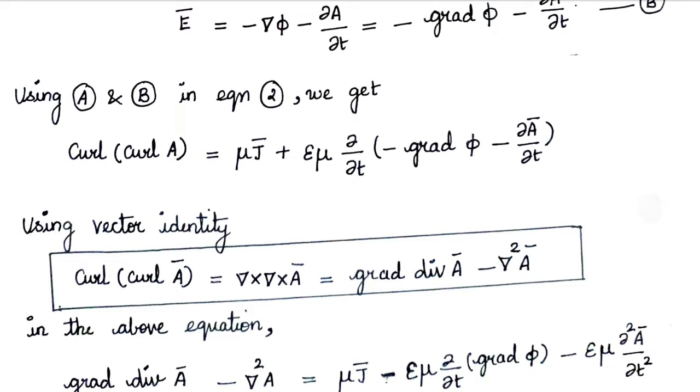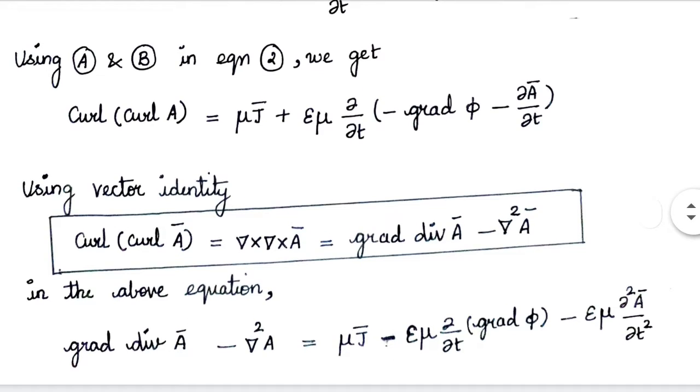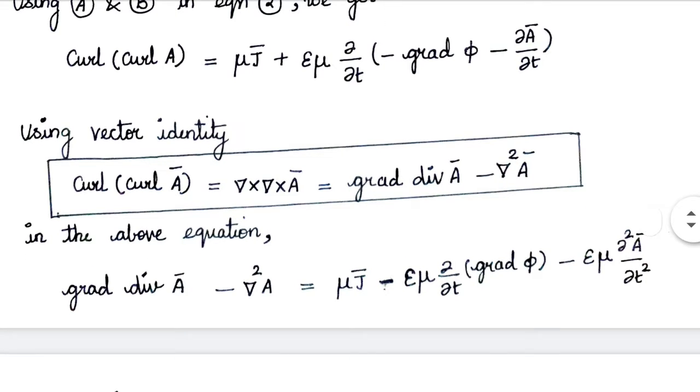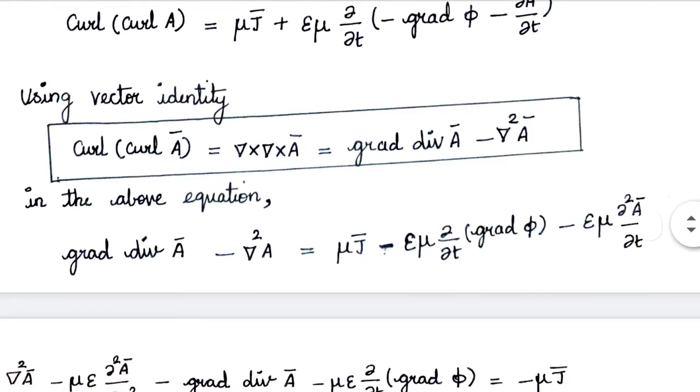So, here also we are making use of this vector identity. So, in place of curl curl A, we can write grad div A minus del square A equal to mu times J vector. So, bringing this minus grad phi minus dou A inside, we get minus epsilon mu dou by dou T of grad phi and minus epsilon mu dou square A by dou T square.